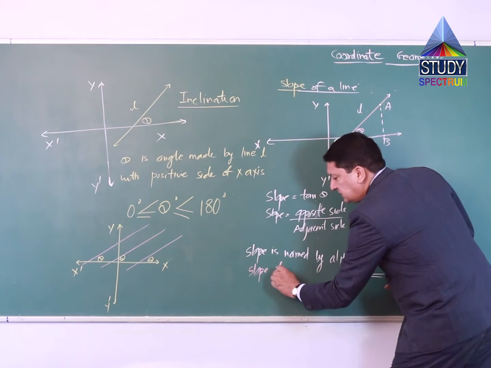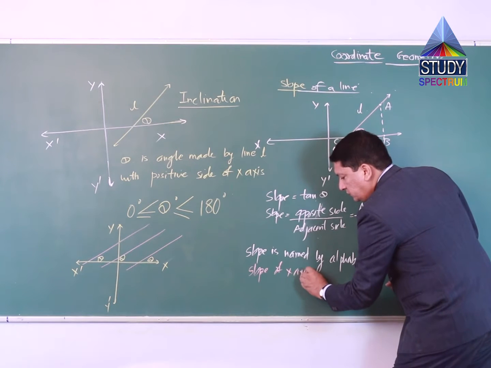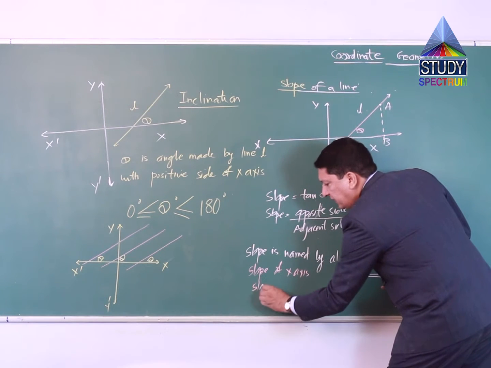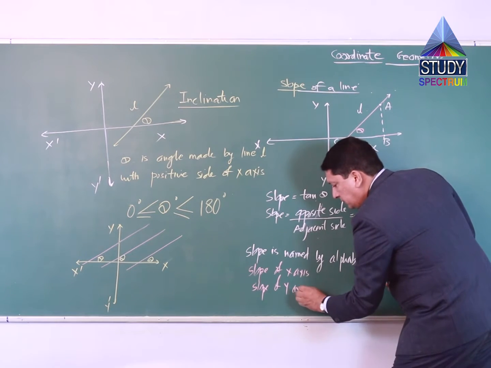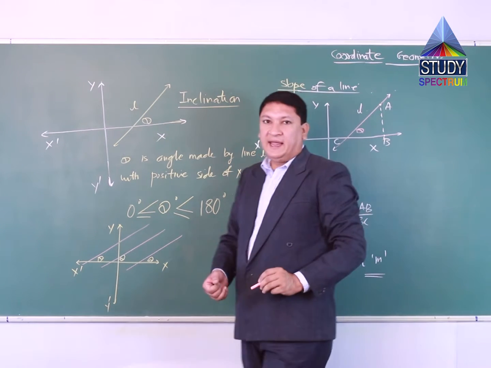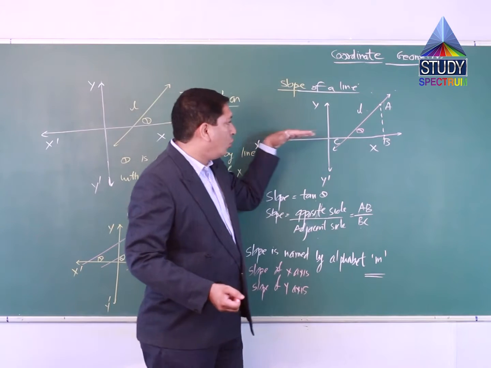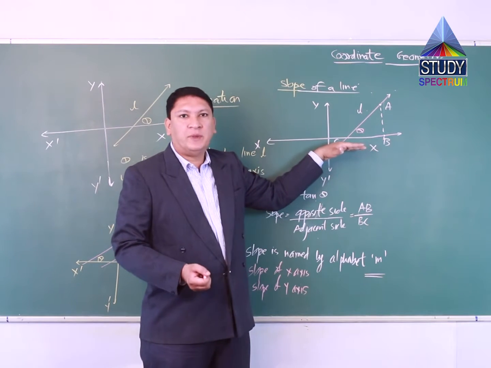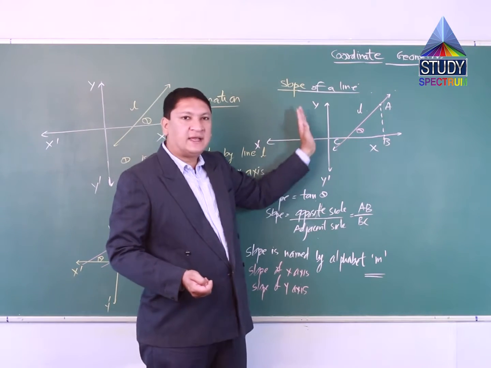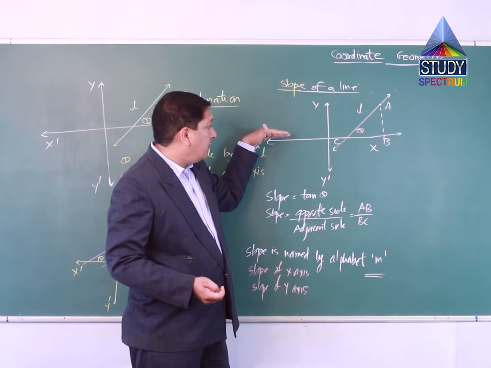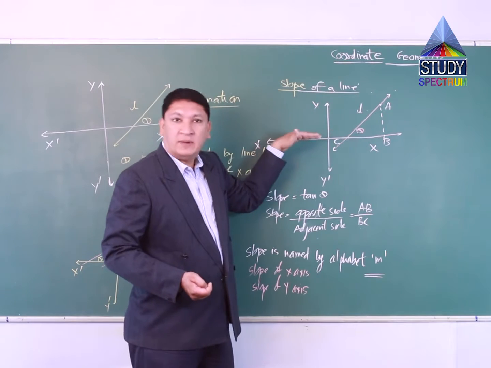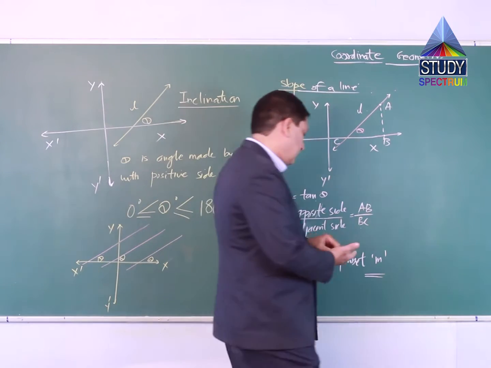Slope of x-axis and slope of y-axis. You can make out, X-axis makes no angle and Y-axis makes 90-degree angle, right? So when angle is not formed, that means angle is 0 degree.